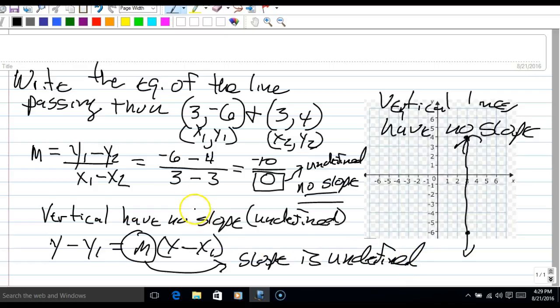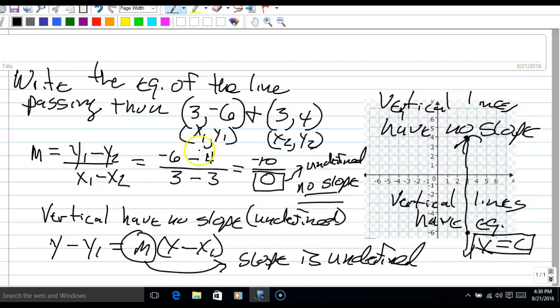So what is the equation? Well, if it's a vertical line, it has the equation x is equal to some constant. So what is x equal to here?